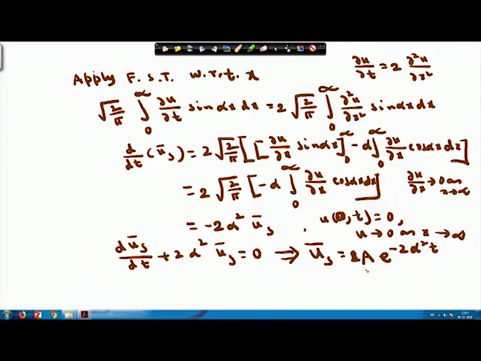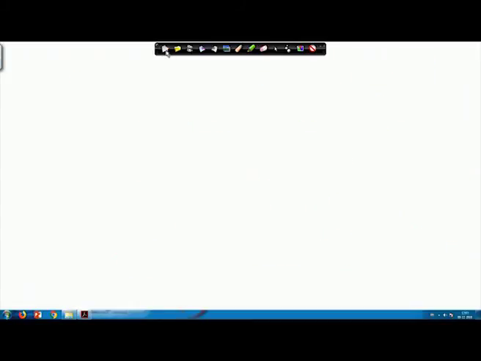Now, I have to find out the value of this a the same way, that is at t equals 0. At t equals 0, what is the value of u bar s alpha 0?